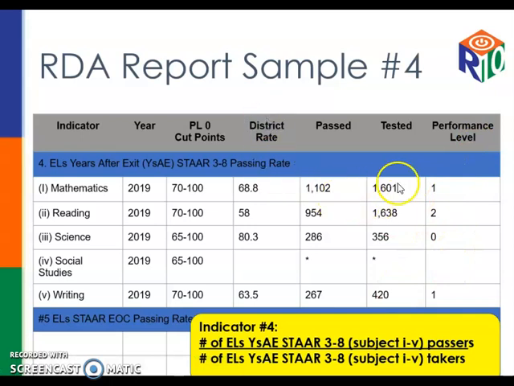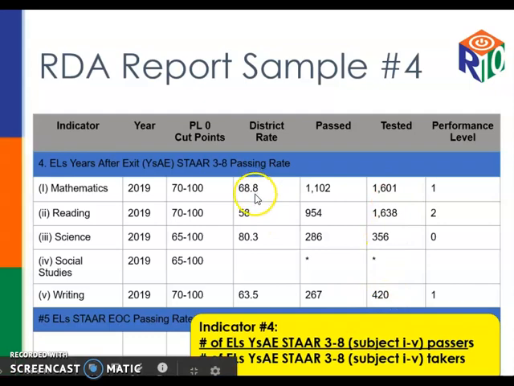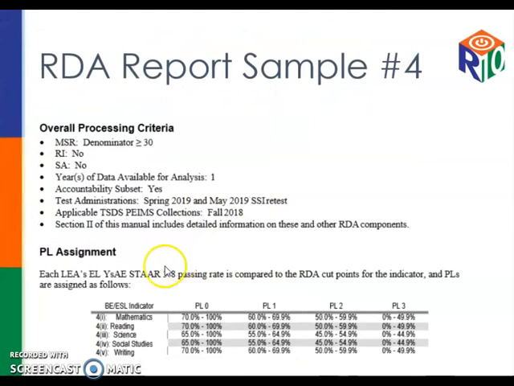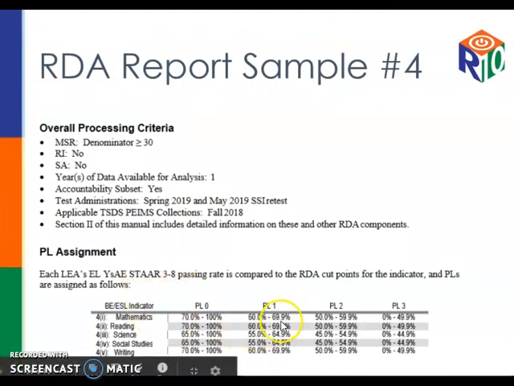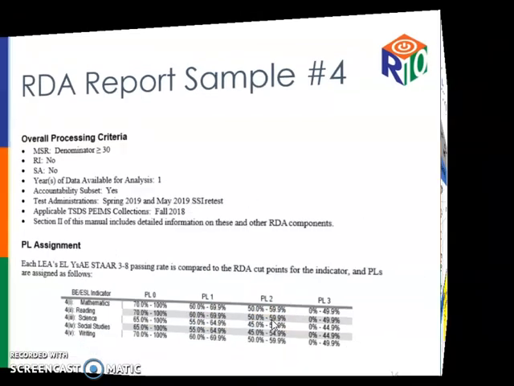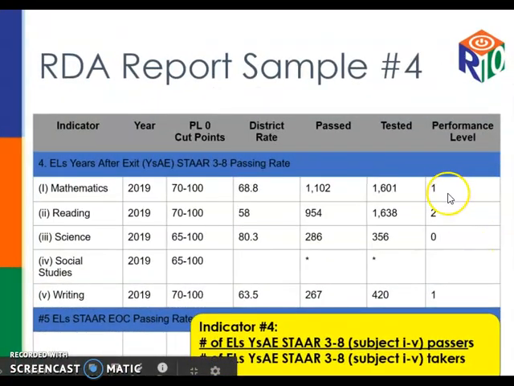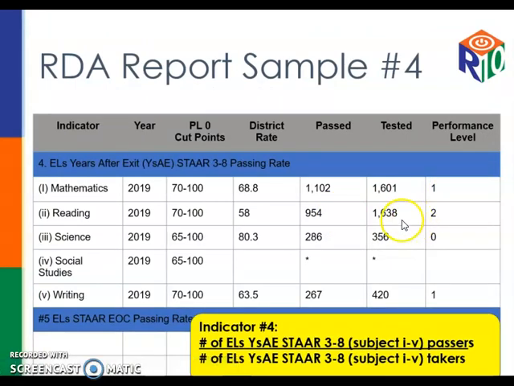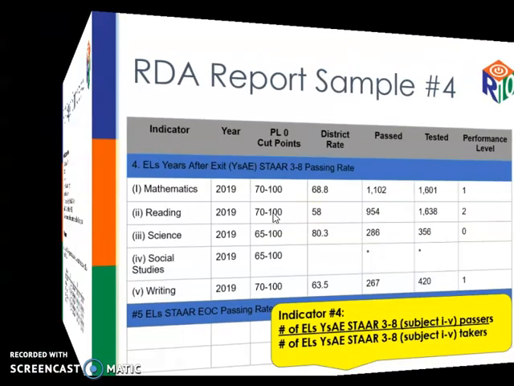So when calculating with this formula, you have a 68.8. I'm going to refer back to the criteria and the PL assignment. So 68.8 for math is a PL 1. That is why it is a performance level of 1. Now we'll do reading. 954 divided by 1,638 is a 58.